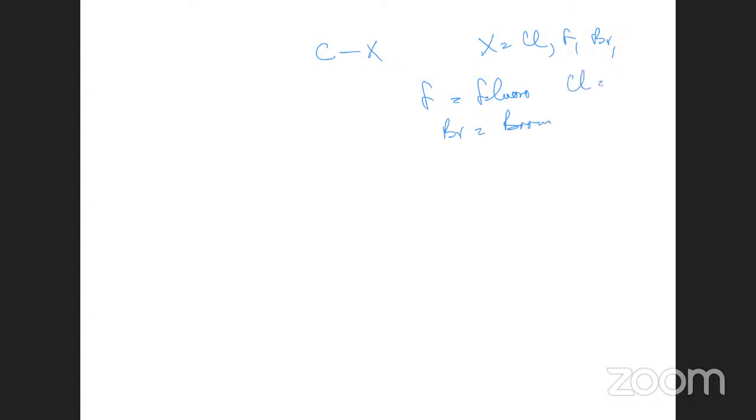If you have chlorine, you call it chloro. If it is iodine, iodo. They also could have primary, secondary structures, but it depends on the situation. Here I'm just telling you the different functional groups. That's what I'm doing.